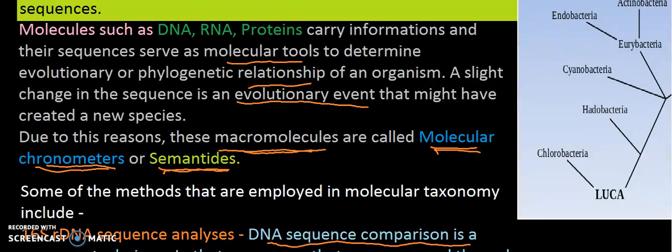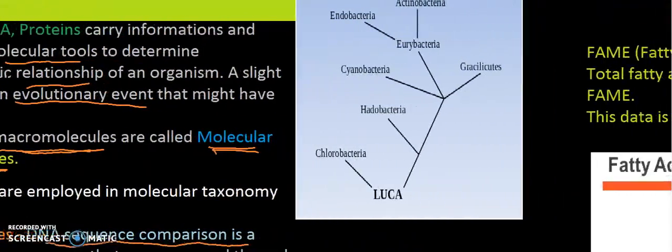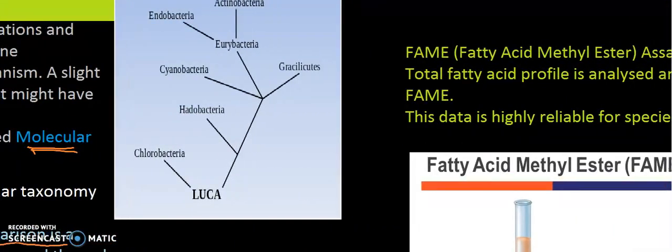We forgot to take this in our first lecture, so we can have a look at a phylogenetic tree. This is a phylogenetic tree which starts from LUCA, the last universal common ancestor, about which we actually don't know what it was. You can consider it as the first cell, the progenitor cell, from which all different types of organisms evolved.